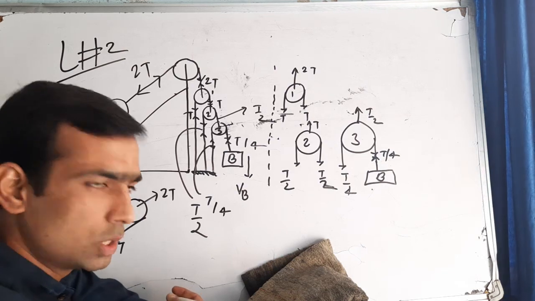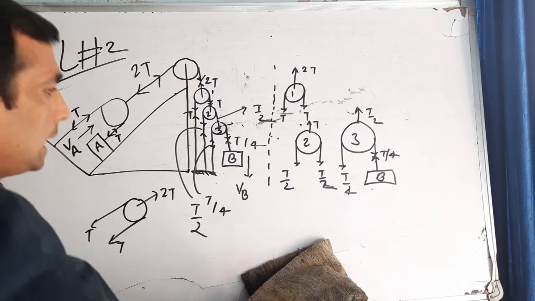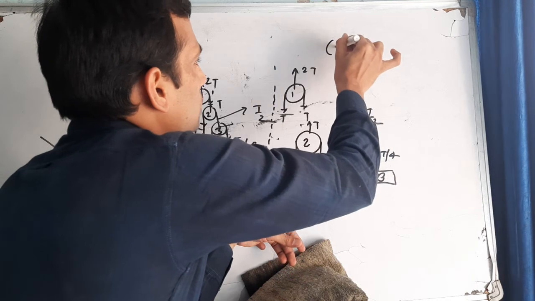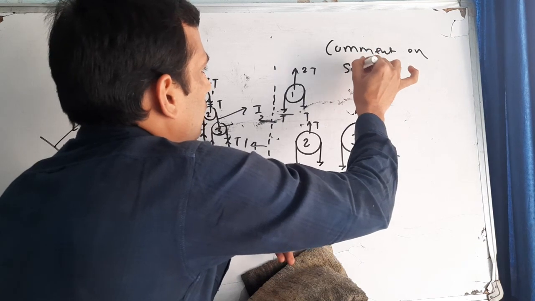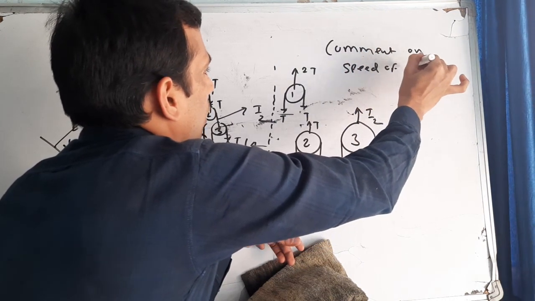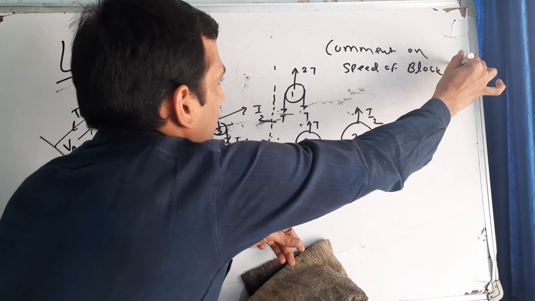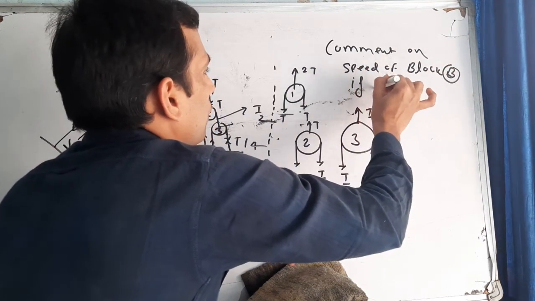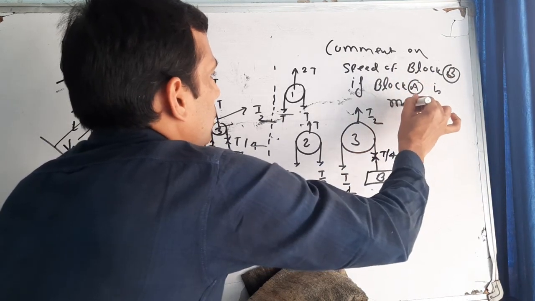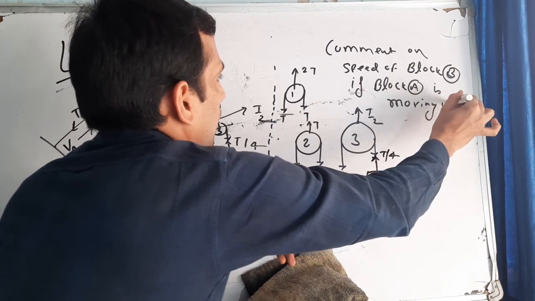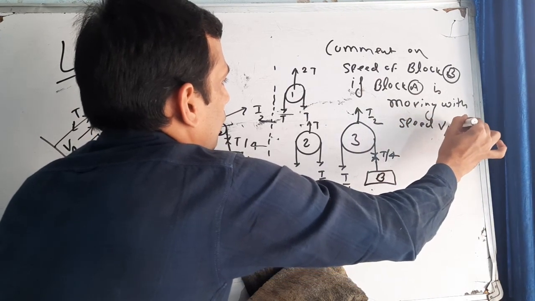So what is your question? Your question is: comment on the speed of block B if block A is moving with speed VA.